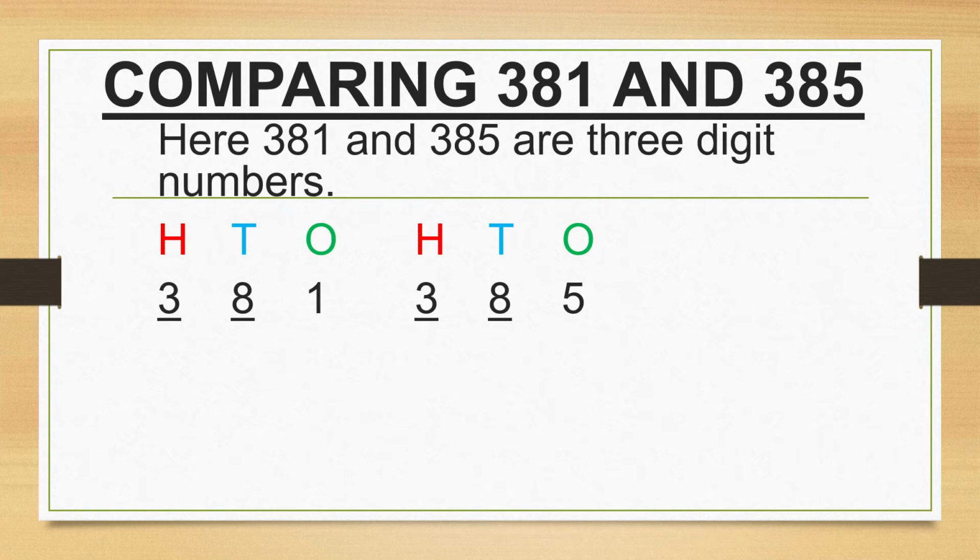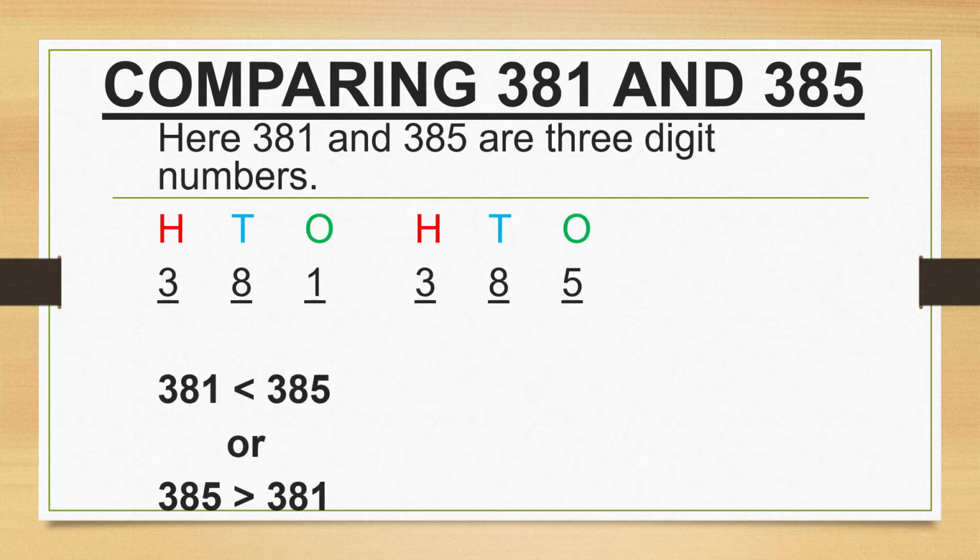So now we have to compare the next place digit, that is ones place. In 381 there is 1 in ones place, and in 385 there is 5 in ones place. Here 1 is smaller than 5. So 381 is smaller than 385, and it is written as 381 smaller than 385 or 385 greater than 381.